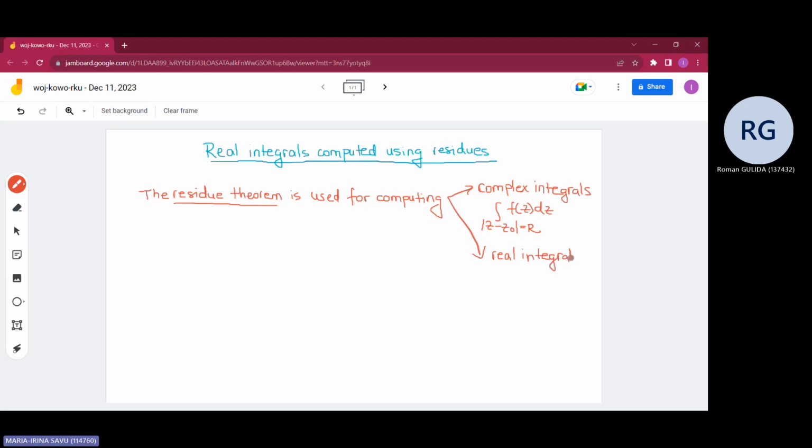Not all the real integrals, but some of them. And we are going to talk about real integrals today.